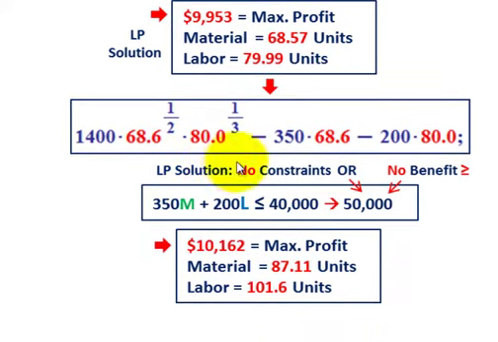If I put no constraints at all here, if I took off those constraints that we were talking about up above and just opened it up, you're going to come up with a maximum profit of $10,162. And that's going to give you material units of 87.11 and labor units of 101.6.